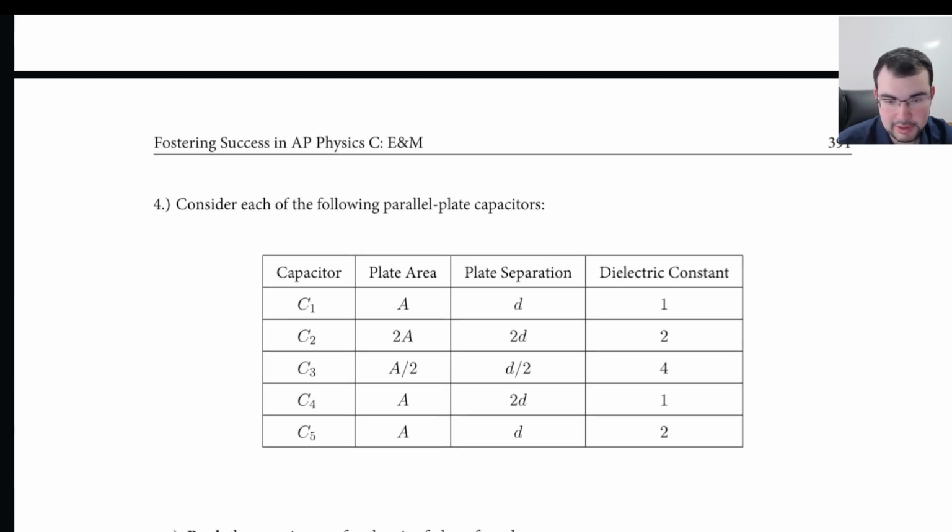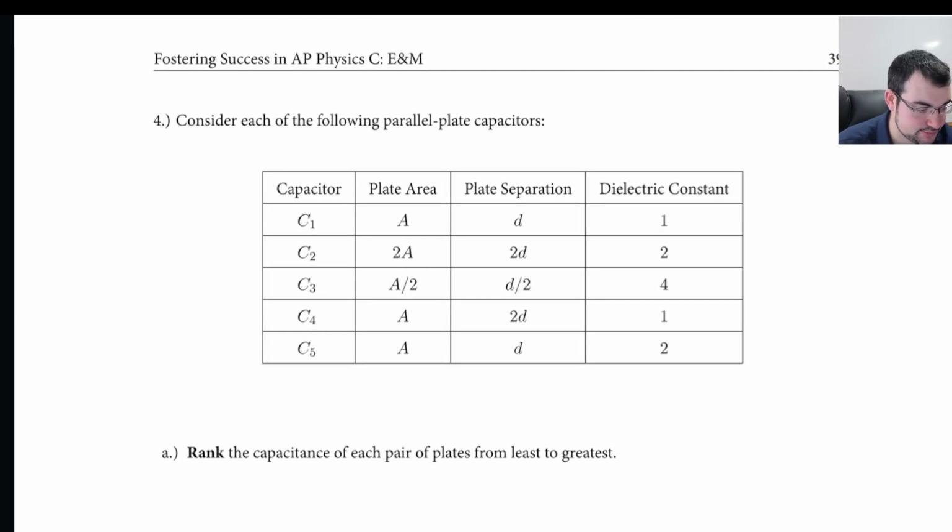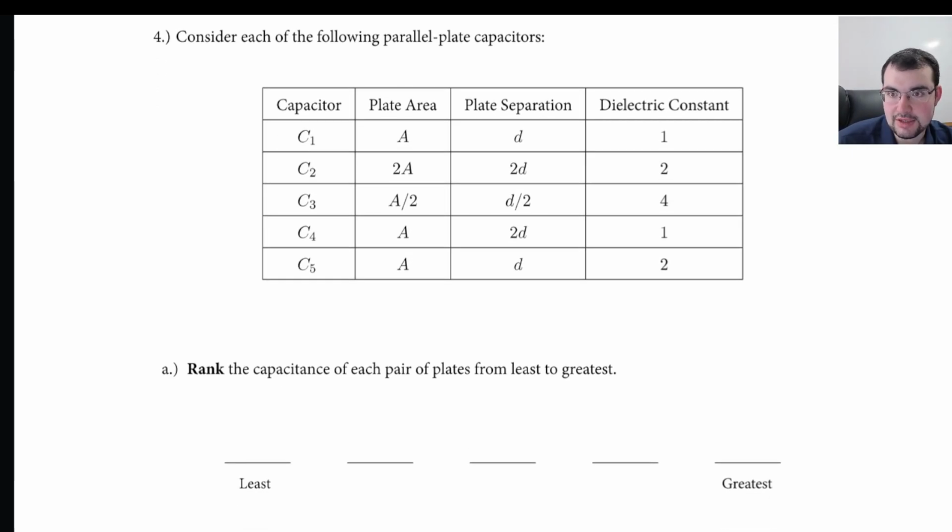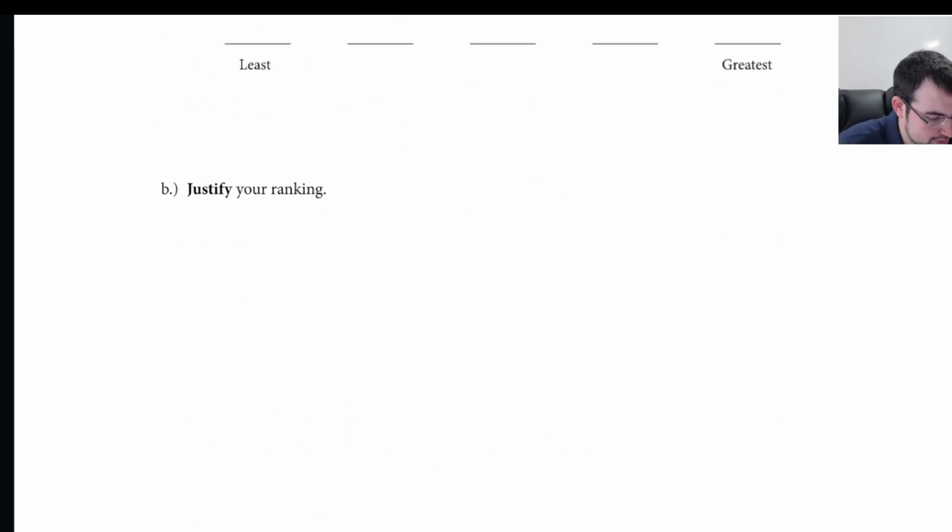So now we'll do a quick proportional reasoning. We have all these different parallel plate capacitors. We got their area, we got their plate separation, and we got their dielectric constant. We can see that 2 of these are air-filled, 2 of these are not. Of course, if we're ranking capacitance, we should probably know the formula for capacitance.